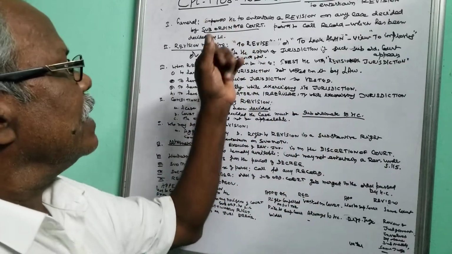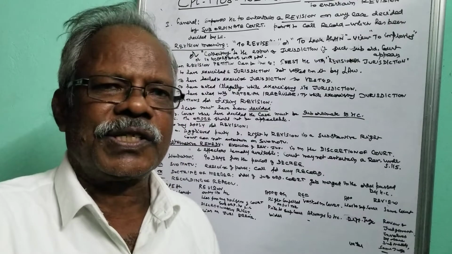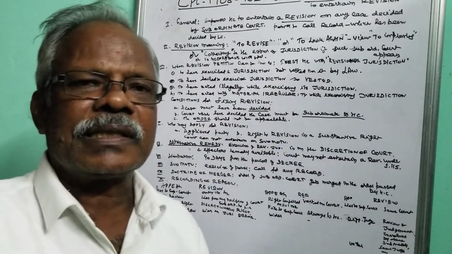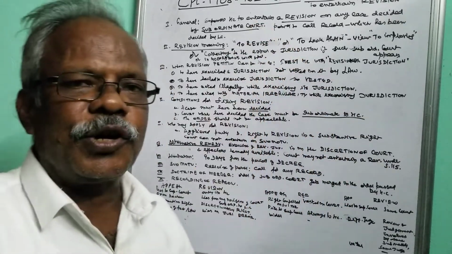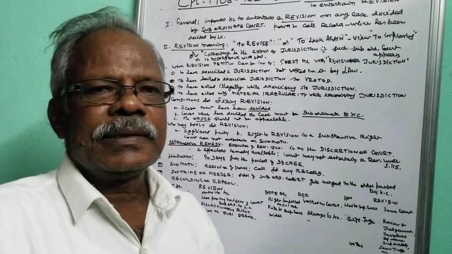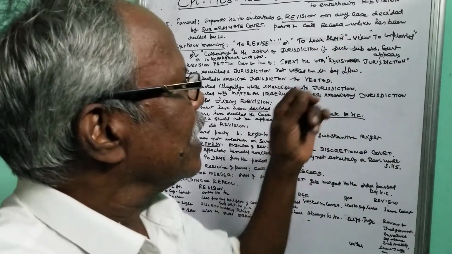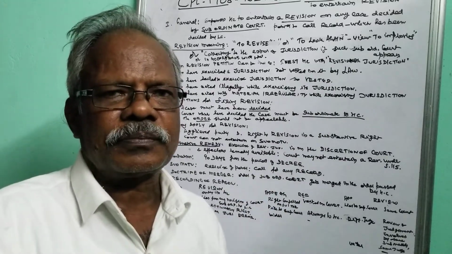So first we will see what is the meaning and generally what it refers to. Section 115 empowers the High Court to entertain the revision on any case decided by the subordinate court.